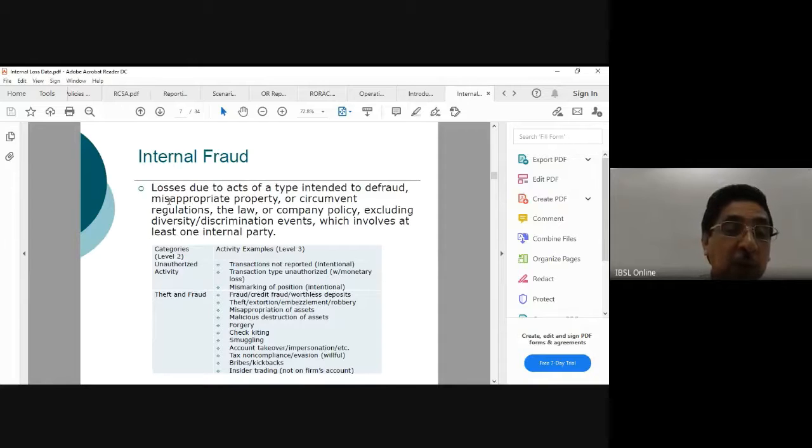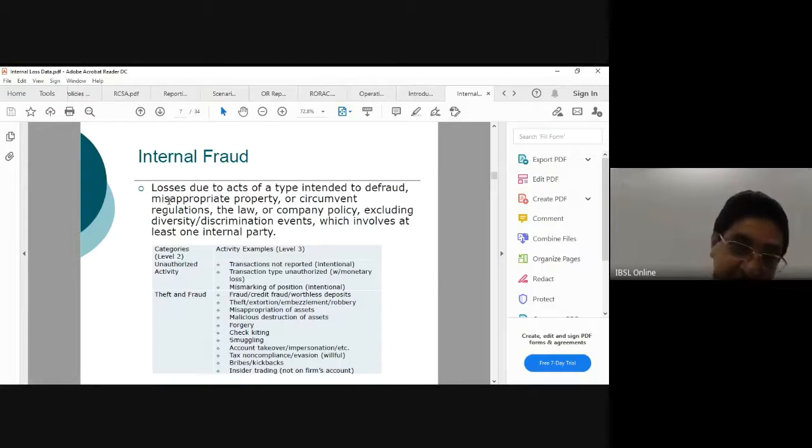Under internal fraud you have other subcategories, called level 2. In that category you have unauthorized activity, theft and fraud. So level 1 is internal fraud, and at level 2 you get other categorizations: unauthorized activity, and theft and fraud.